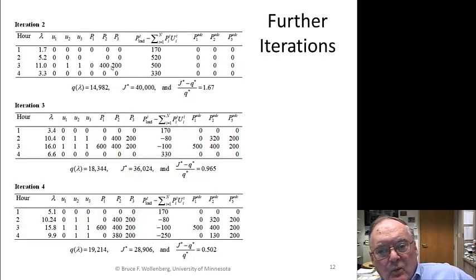So when I did that, I turned that on. Then I did iteration number 2. And when I did iteration number 2, I turned on the second unit. Then you can see that I'm gradually turning these generators on. Then I did iteration number 3. Now look at the lambdas over here.